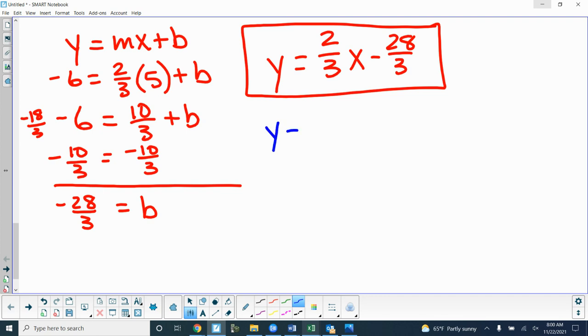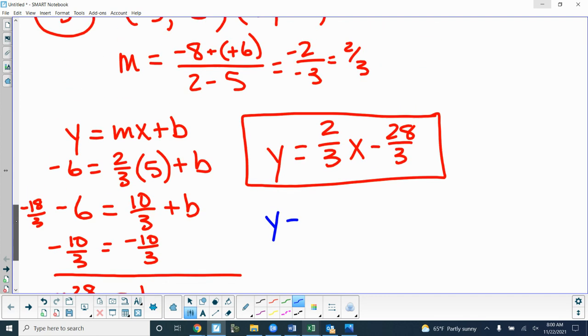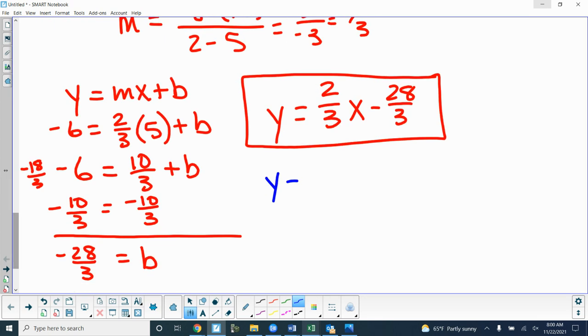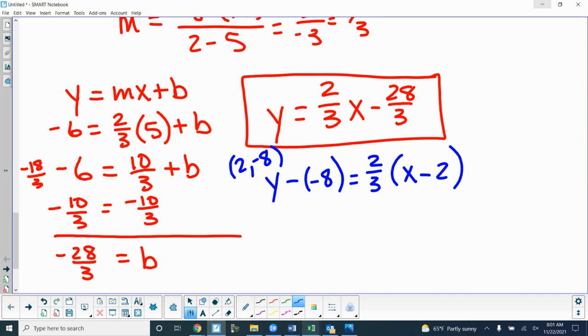So y minus, we'll use the other point too. So the other point was 2, -8. So y minus the y value of the point equals m, 2/3, times quantity x minus the x value of the point. So this becomes y plus 8. And then distribute 2/3. Okay, so 2/3 times -2 is a -4/3.